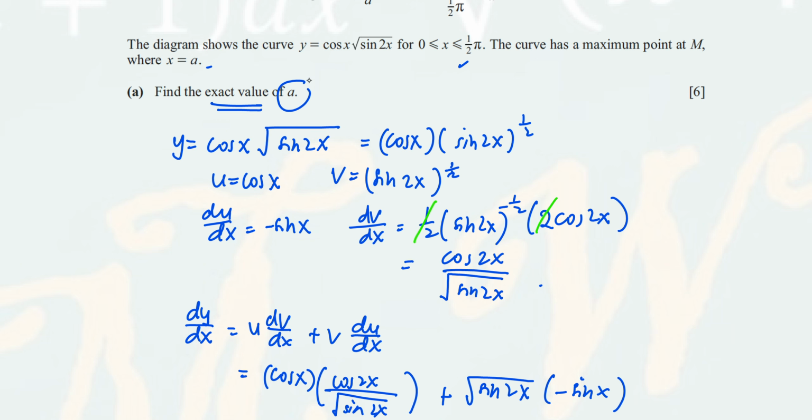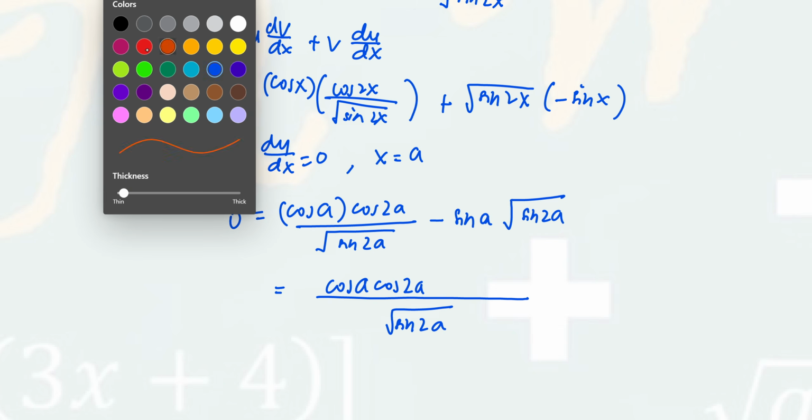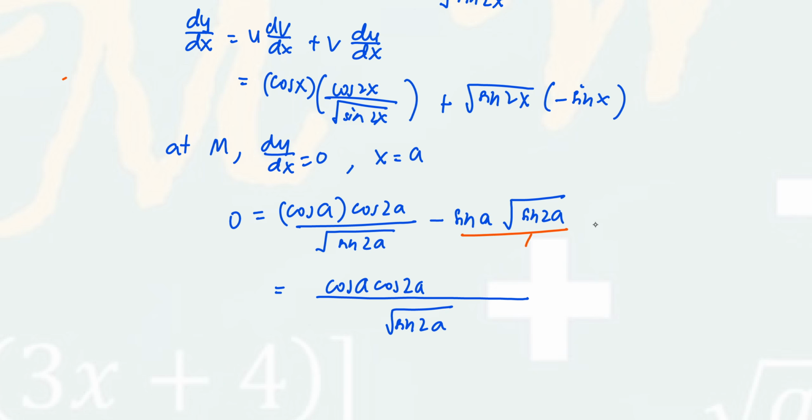Okay, the question says find the exact value of a. So which means now here probably I will get the same denominator over square root sine 2a first. So I will be getting cos a cos 2a. So when you get the same denominator, actually this is over 1. So I times over square root sine 2a and the same term for the numerator.